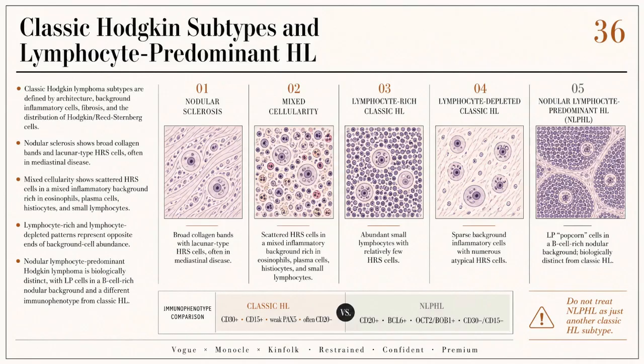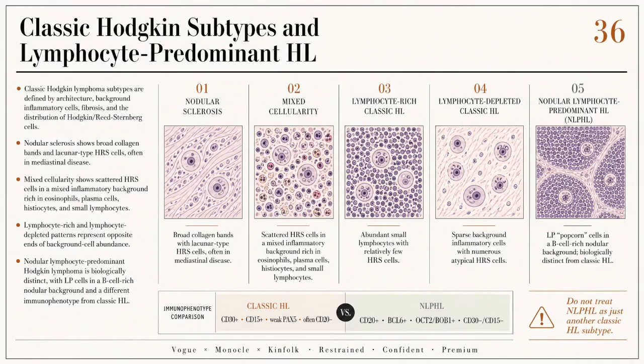Mixed cellularity HL, often associated with immunosuppression or older age, presents a polymorphous infiltrate rich in eosinophils and plasma cells, with scattered classic RS cells. This subtype's heterogeneity can pose diagnostic challenges, making a comprehensive IHC panel and correlation with clinical data indispensable.